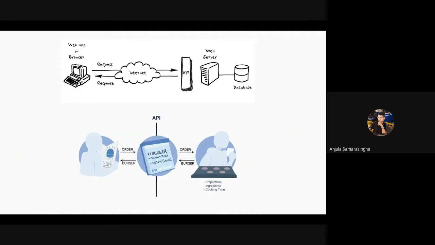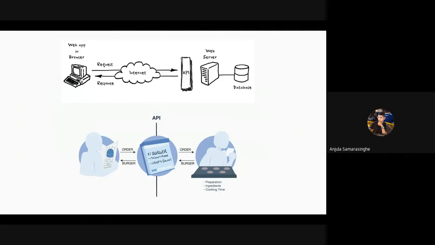If we look at a real life analogy, we can imagine a restaurant, where there will be waiters, customers, and the kitchen. In this scenario, a waiter acts like the API, the customer is the front end, and the kitchen is the back end, which is where the food is prepared.